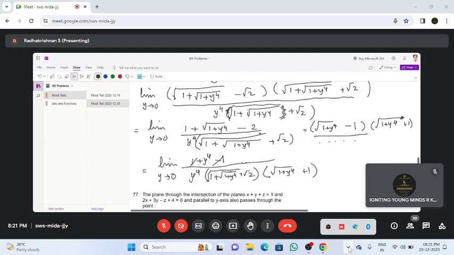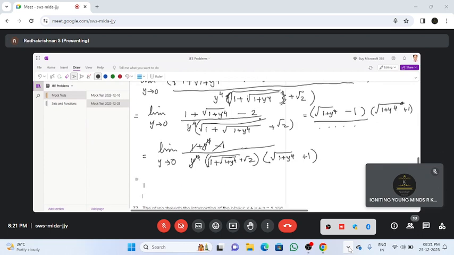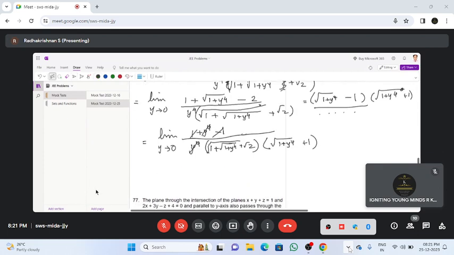Now what happens? This gets cancelled. Since that 1 and 1 got cancelled, it became y power 4, and y power 4 by y power 4 also gets cancelled. It becomes simply 1 by this expression. If we substitute, you won't get 0 by 0, because we eliminated the y from the numerator. So the numerator will simply become 1.